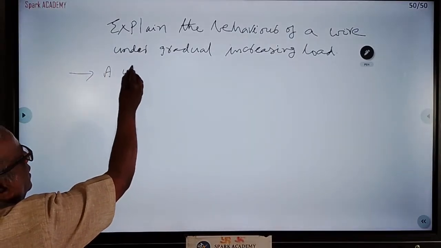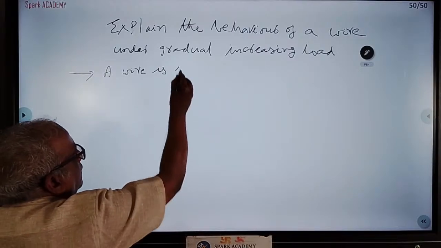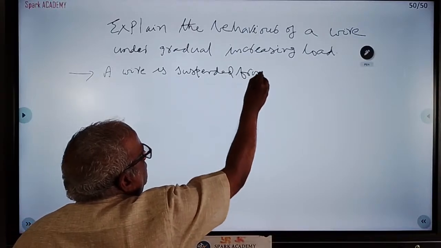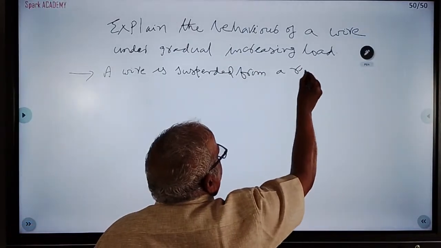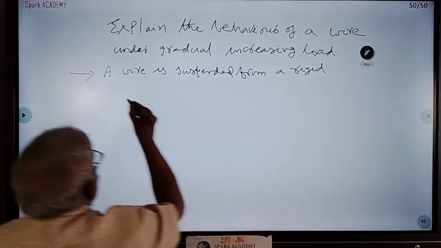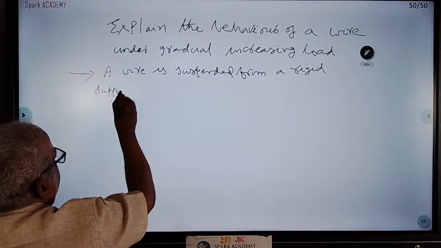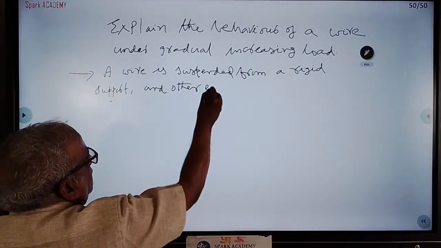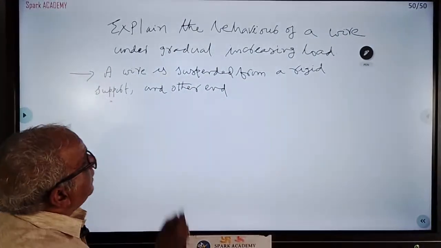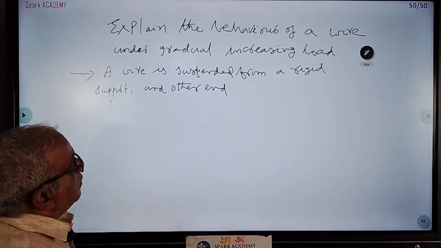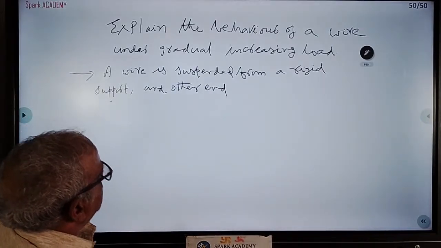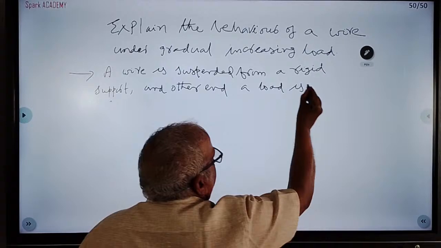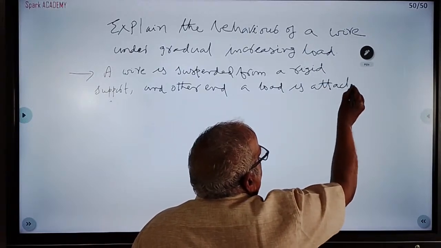We'll imagine that a wire is suspended from a rigid support, and at the other end, a load is attached.